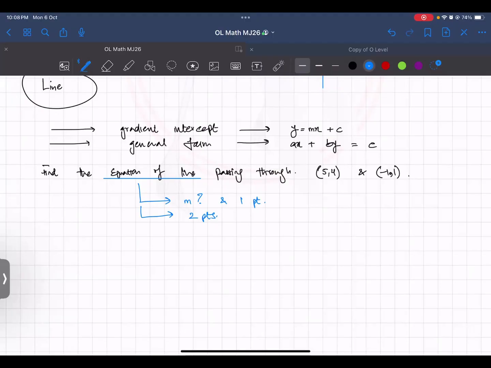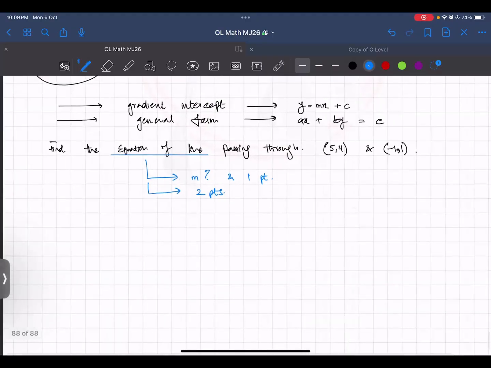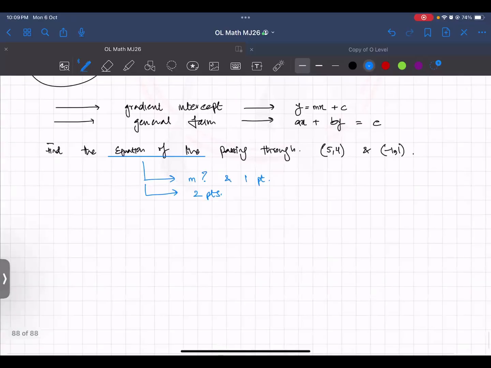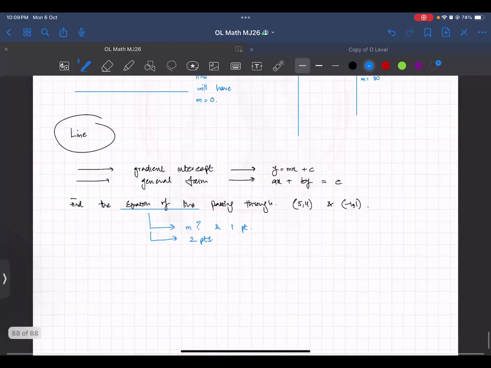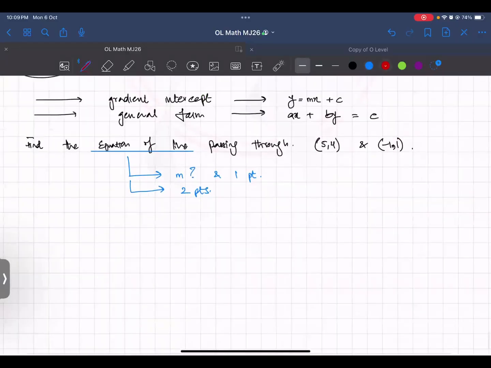Right now, they have given you the 2 points, and they're asking you to find the equation of the line that we made over here, this green line. So we need the gradient and we need the c value. So y equals mx plus c, where m is your gradient, and c is your y-intercept.